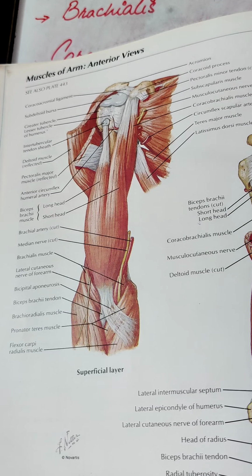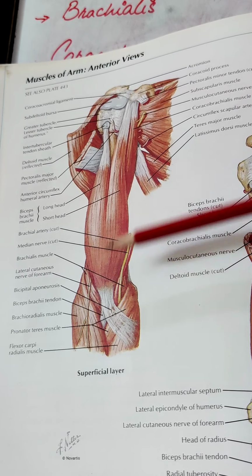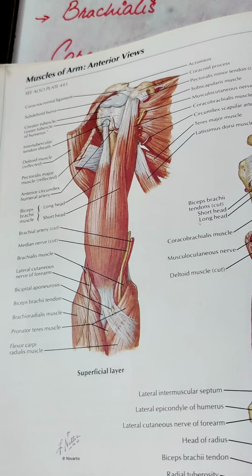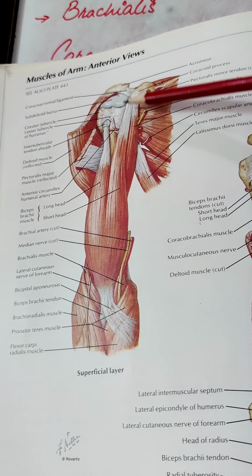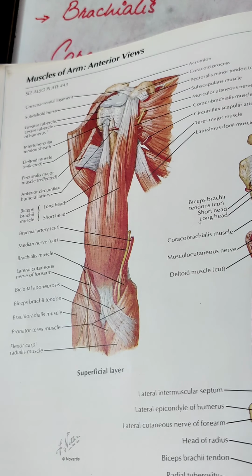It brings about flexion at the elbow joint and supination of the forearm. The short head of the biceps brachii prevents dislocation of the humerus at the glenohumeral joint. The other muscle that we talked about is the brachialis.